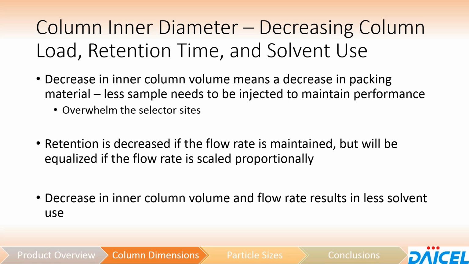And then there's a decrease in inner column volume by going to those smaller ID columns. If you're reducing the flow rate at the same time, you're obviously going to be using less solvent. So for screening, or for separations that involve harsher, environmentally unfriendly solvents like dichloromethane or chloroform, this gives a little bit of an advantage in that regard.